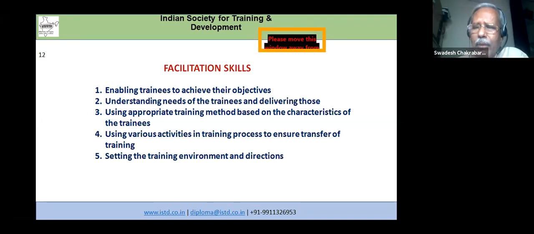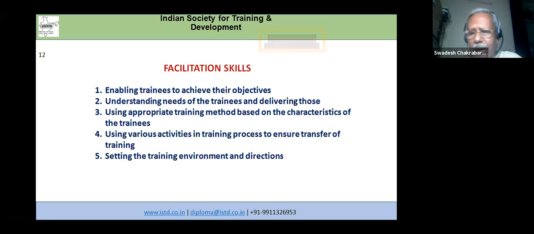At times you may give something auditory and sometimes something visual so that people can understand. So a trainer should be competent enough to talk in different ways and conduct various training methods depending upon the target group and the training. He should be versatile in that, and that will help in facilitating the entire process.